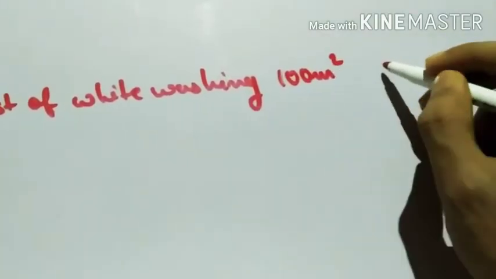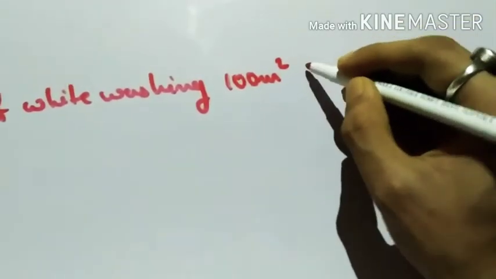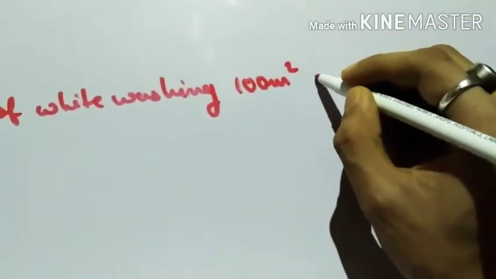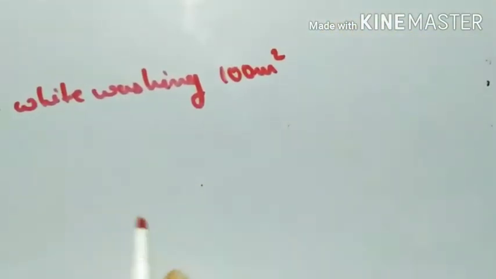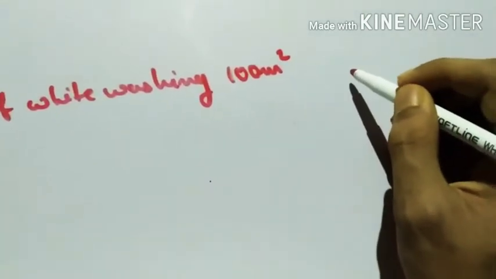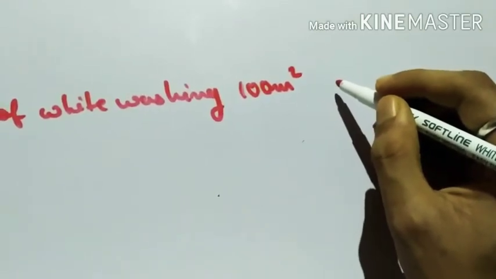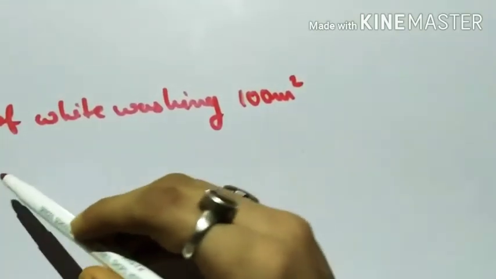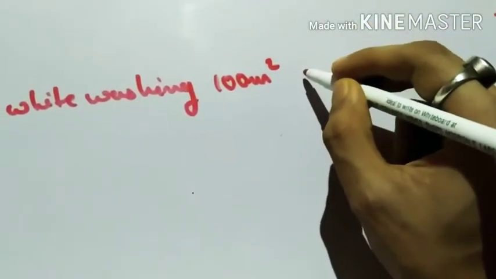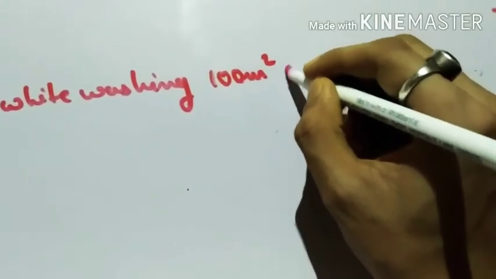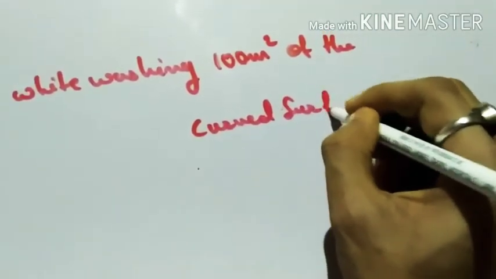100 meter square. Okay, cost of whitewashing 100 meter square of the curved surface.